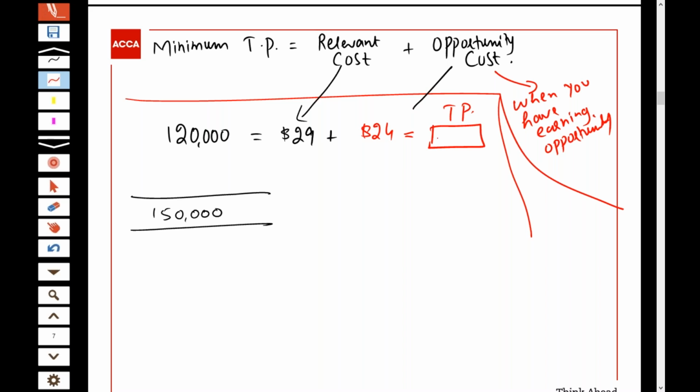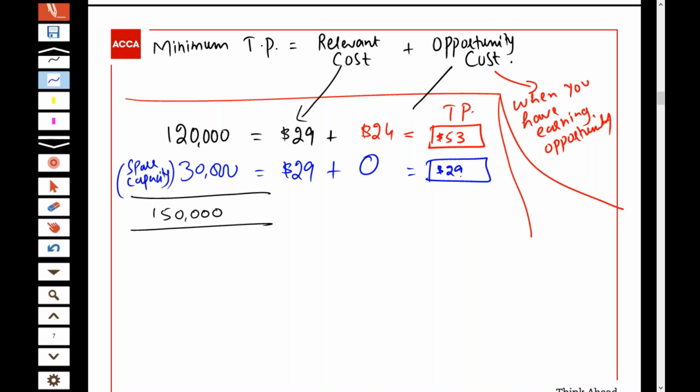So the transfer price will be 29 plus 24, which becomes $53. For the remaining 30,000 units, relevant cost will be 29 and opportunity cost will be 0, because there is no opportunity income. It is called spare capacity. So the price would be $29.